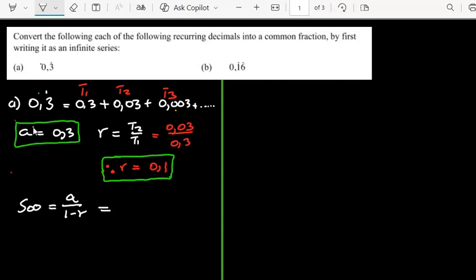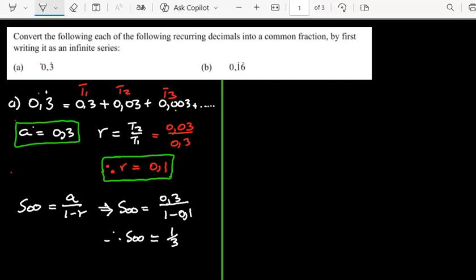If we do the substitution, the sum to infinity is 0.3, which is the value of a, the first term, divided by 1 minus r of 0.1. You just have to punch it on the calculator, and this gives us 1 over 3. So the sum to infinity is 1 over 3.